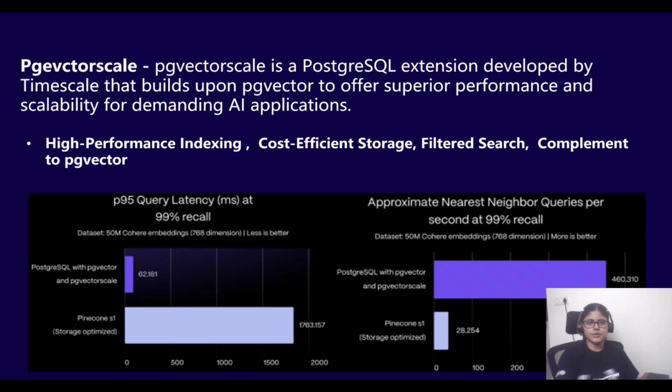Another very good library by Timescale is PgVectorScale, which is an enhancement to the existing PgVector. The capability that PgVectorScale provides is high-performing, faster search capabilities. There are different types of searches that you can go through, not just cosine similarity.